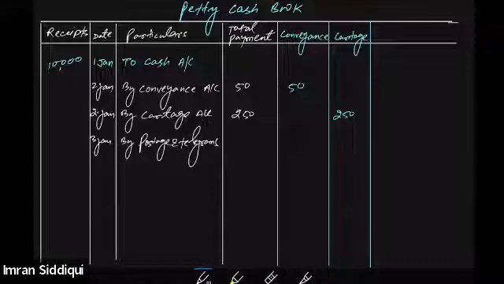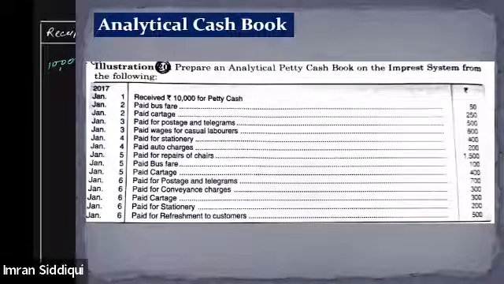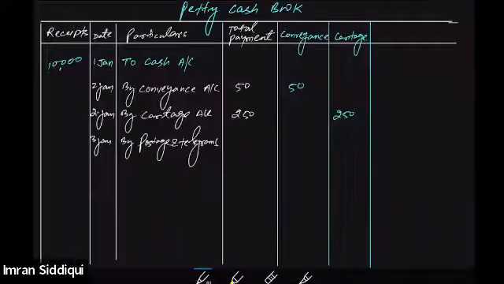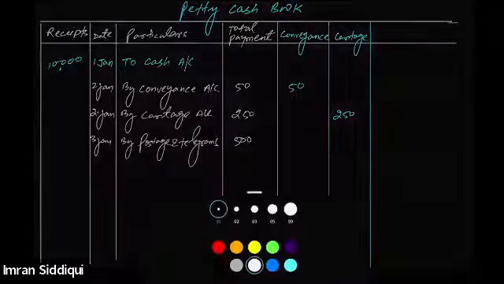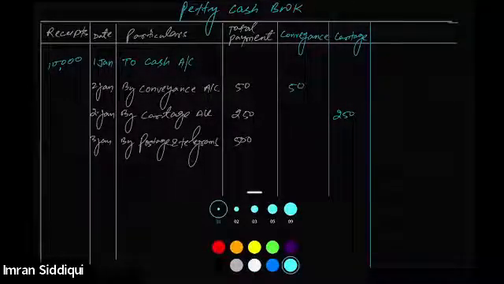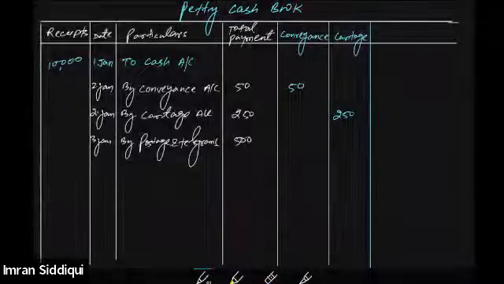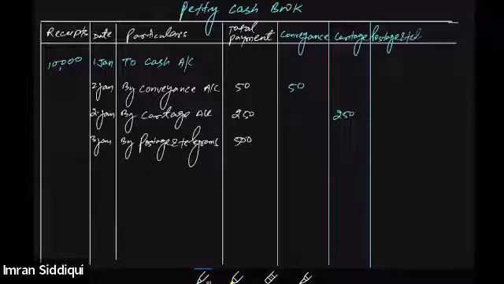Postage and telegrams, how much we have paid for it? We paid 500 for postage and telegram on 3rd of January. But because it is a different kind of expense again, we will have to open a separate column for that as well. So I'll write down postage and telegram. The amount will be 500. Is that clear, everyone?